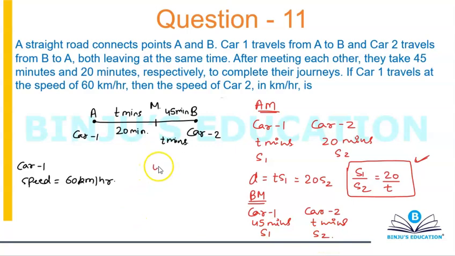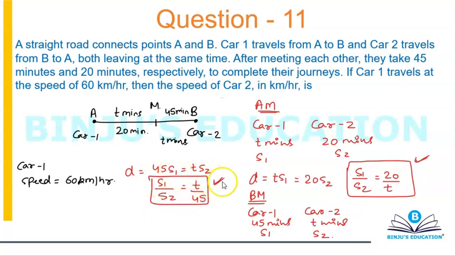So D equals 45 S1, which is equal to T S2. So again from here I can say S1 over S2 will be equal to T by 45. This is my equation number 2.